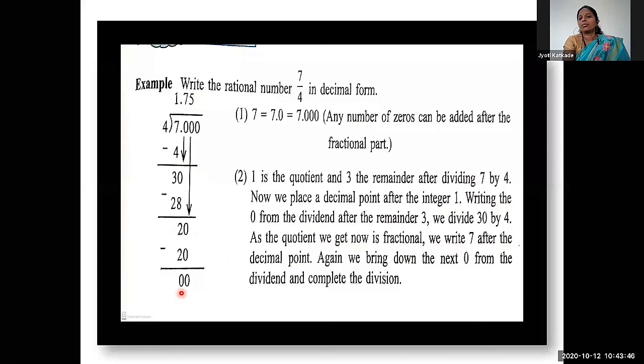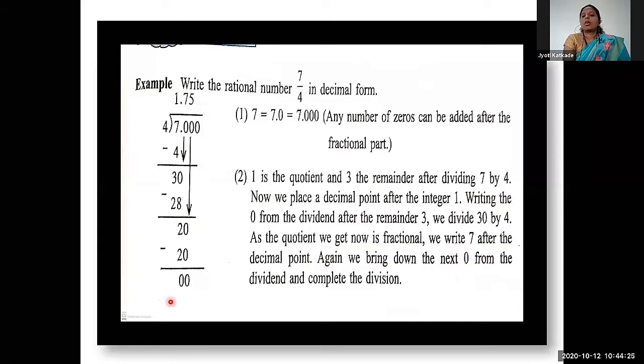Now see, our quotient is 1.75. 4 is the divisor and the remainder is 0. When we get remainder 0, this is called the terminating form of the decimal.